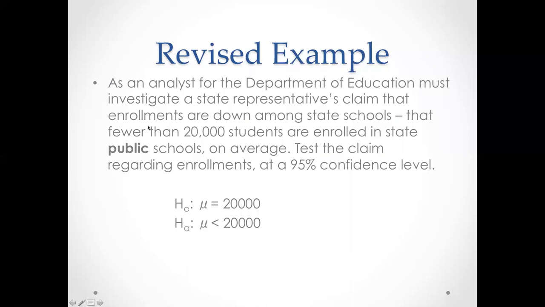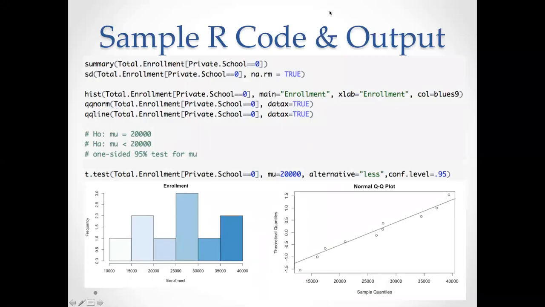Notice in our updated example, we are simply saying that this applies to public schools, the test that we are about to conduct. And to update our code so that we are only analyzing those schools which are public schools, notice in the summary function there at the top of our code, we have a call to the variable total enrollment, but with a condition as indicated by the bracketed information directly to the right of it.